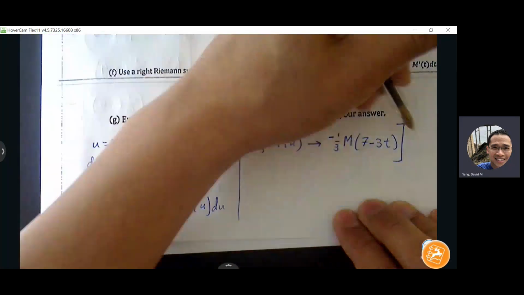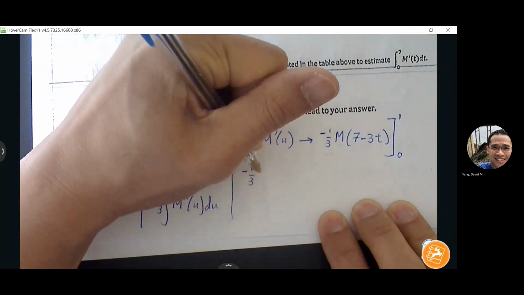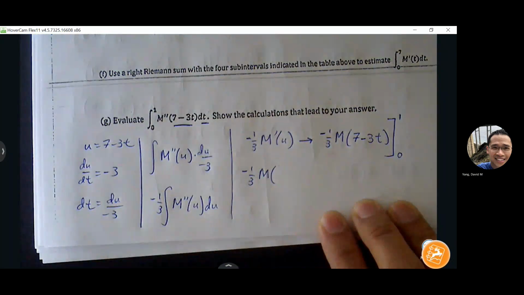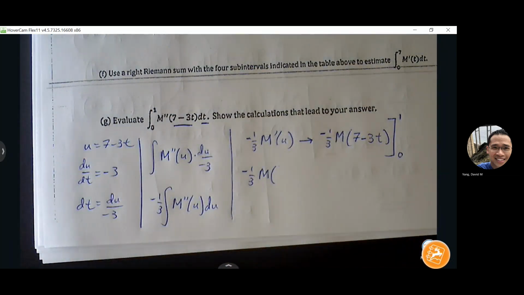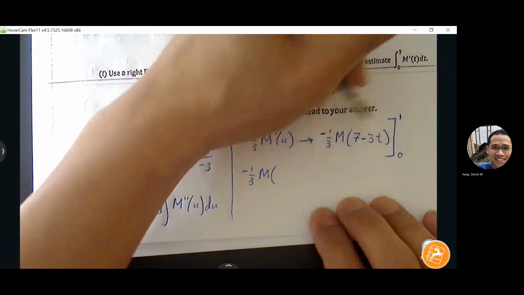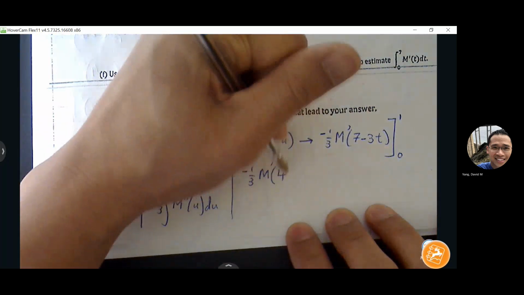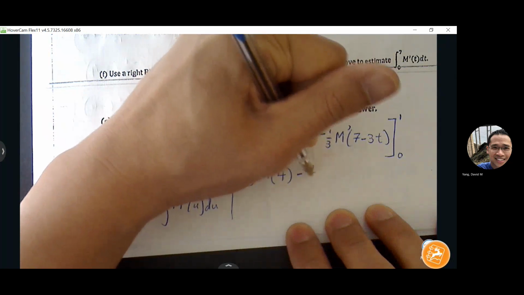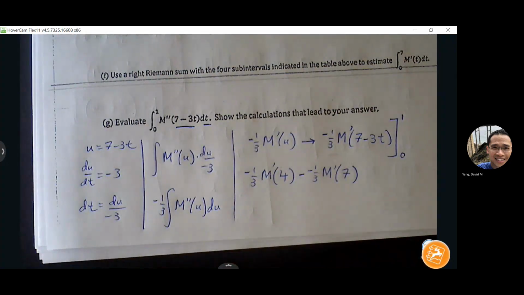So now you're free to use the 1 and the 0. Okay. Look at the table. M prime of 4 is negative 12. M prime of 7 is negative 12 as well.